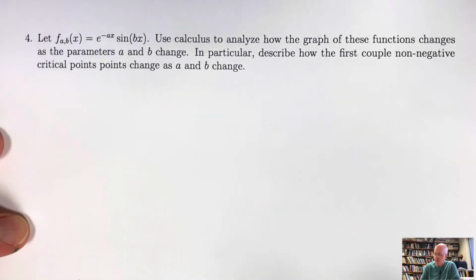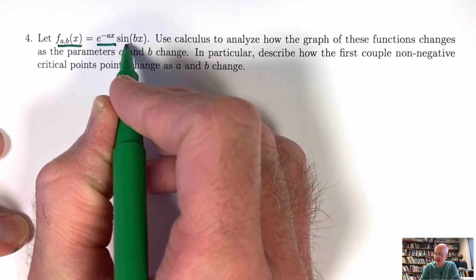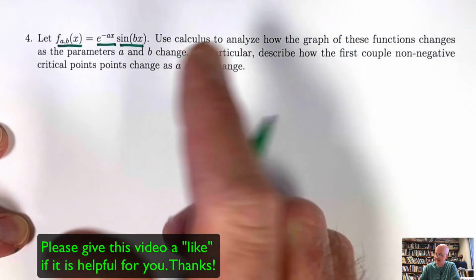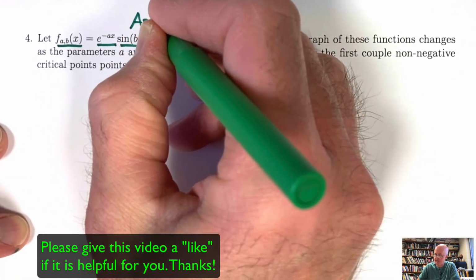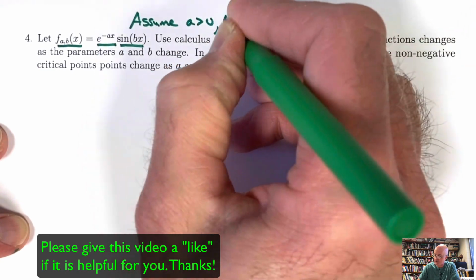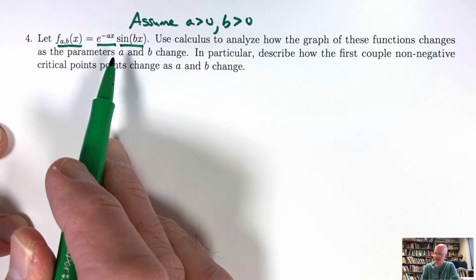Our last problem, we have a function of two parameters that is the product of an exponential decay and a sinusoidal function in the situation where a and b are positive. That's not stated here, but I'm going to assume, for sake of simplicity, like in the last problem, that a is positive and b is positive. This is an important kind of function that arises in many applications.